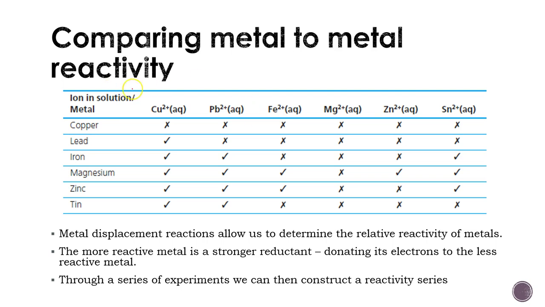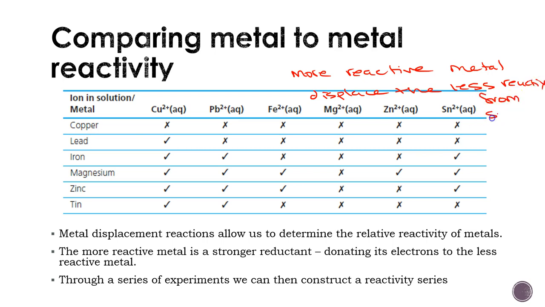Okay, so if we look at comparing metal reactivity, this is where we get single displacement reactions. Okay, with single displacement reactions, the more reactive metal will displace the less reactive from solution. Now, this makes sense if we think about, in order for metals to react, they must lose electrons.